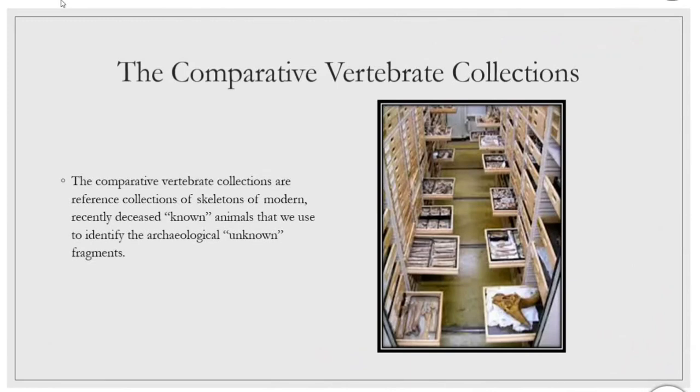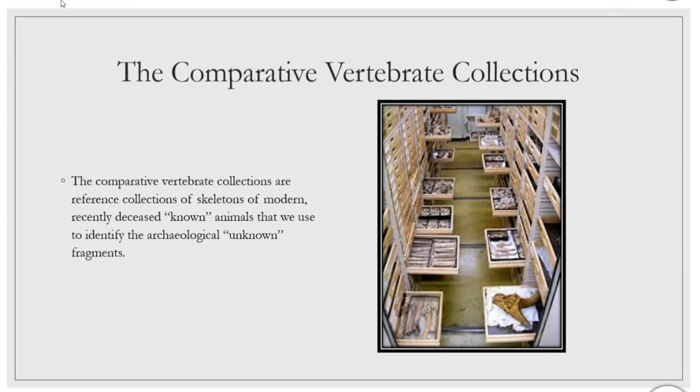And that is what this is. So, the comparative vertebrate collection. This collection is essentially a huge collection of skeletons from modern, recent, descended, known animals, which are just animals that we have studied, found, explored, and we know about these animals and their bodies.